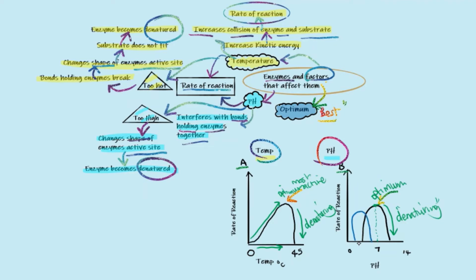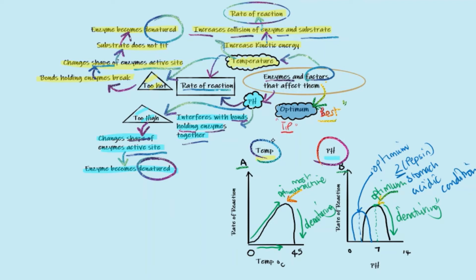For example, we could have an enzyme that may have optimum pH at pH 2. One example of this is pepsin, and this works in the stomach. This means that the enzyme works in acidic conditions because pH 2 is acidic condition.